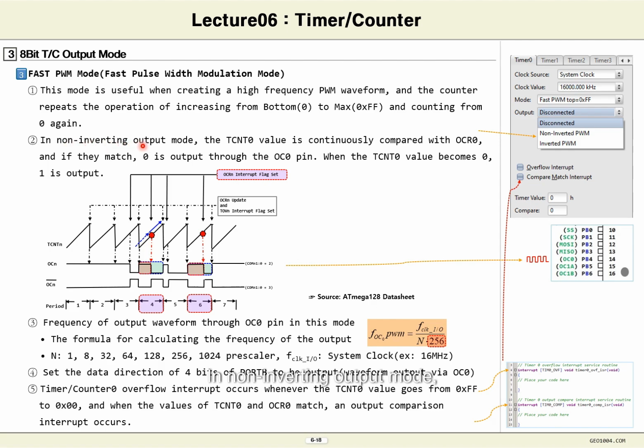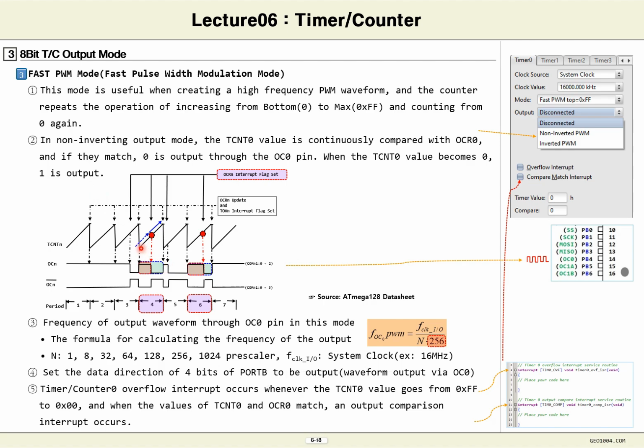In non-inverting output mode, the value of TCNT0 is continuously compared with the OCR0 register. And if a match occurs, a value of 0 is output through the OC0 pin. If the TCNT0 value becomes 0, it will be in a mode where 1 is output.